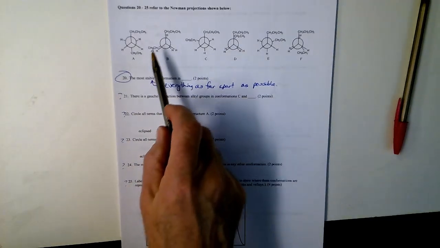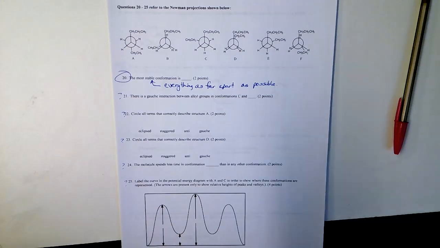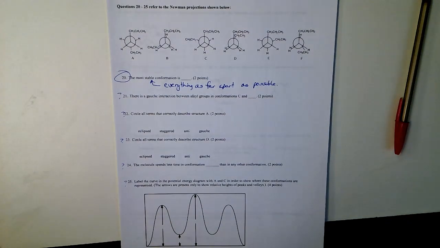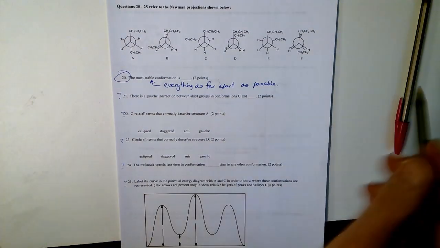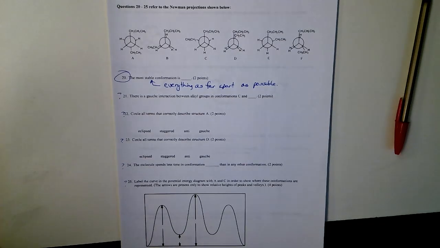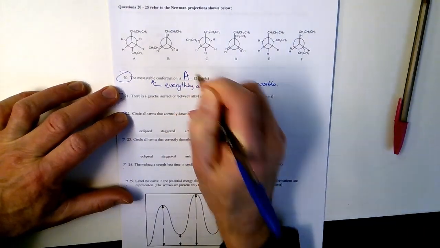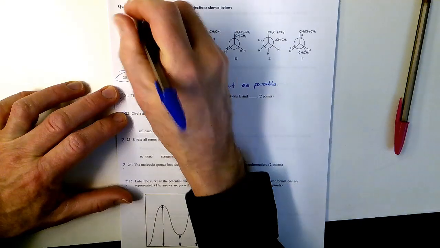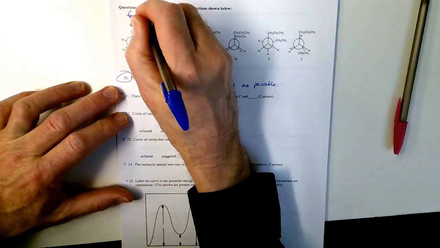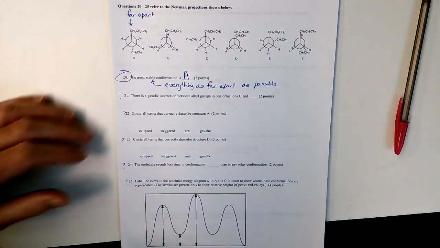And this whole story is just them swinging past each other on next door carbons. So of that list of 6, which one puts the propyl group and the ethyl group as far apart as you can get them? Yeah. And there's your reason right there. The big groups are as far apart as you can get them.